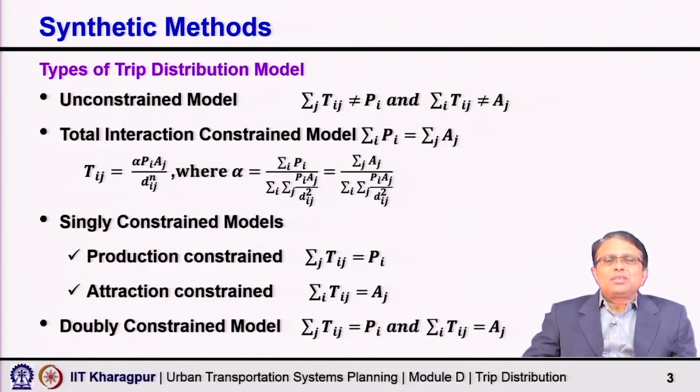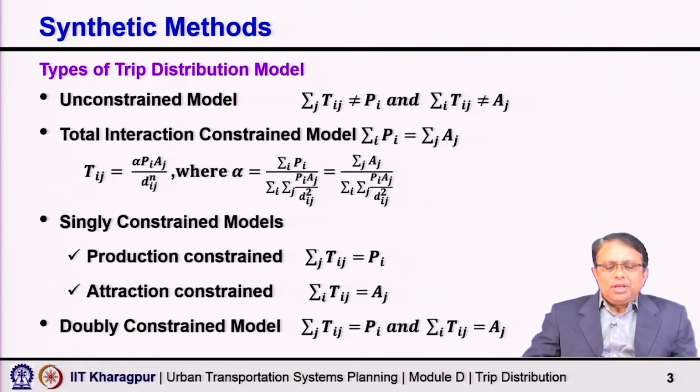In this case alpha will be equal to, as I have written here, sum over i of P_i divided by sum over i, sum over j of P_i A_j by d_ij to the power 2, or d_ij to the power n in general.